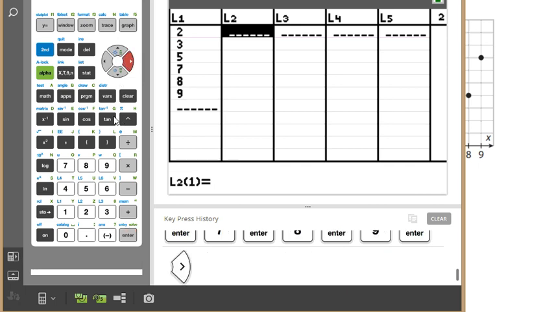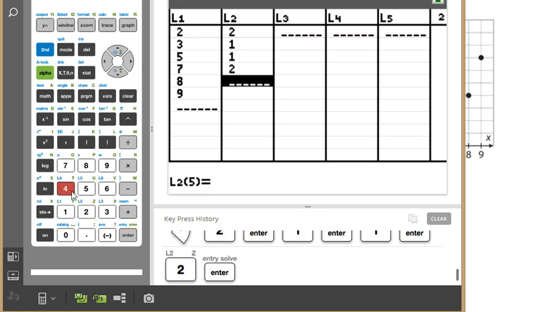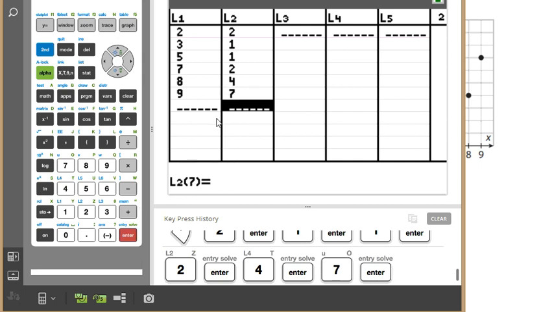Here are the corresponding output values. We have 2, 1, 1, 2, 4, 7. We've got to make sure that we're matching here. Looks like we are.